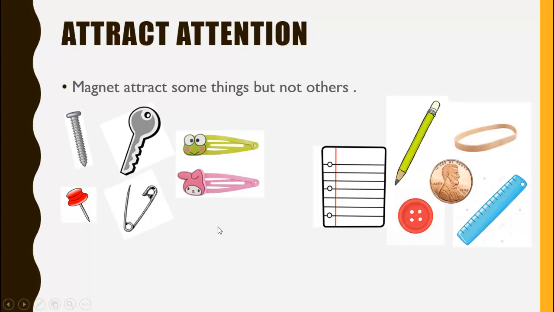Again, magnet attracts some things that are made up only of iron and steel, but it does not attract things that are not made of iron and steel. So this is the difference between the things that are attracted to a magnet and the things that are not attracted to the magnet.